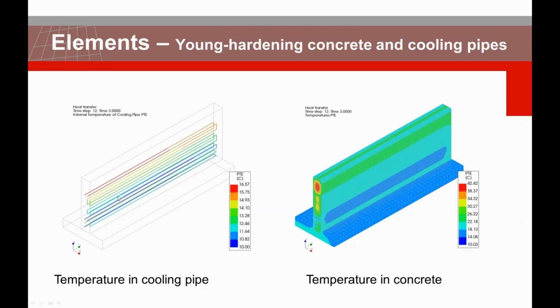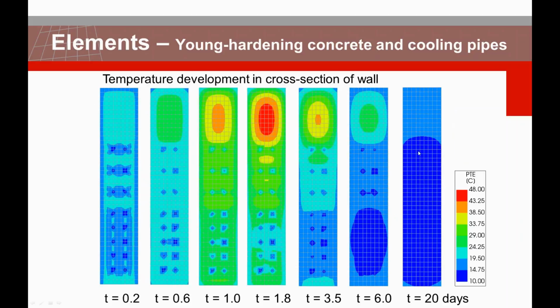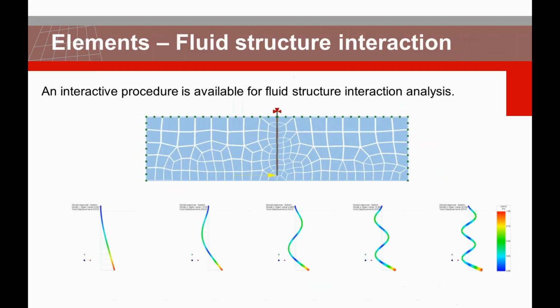So you can see how the concrete here is hydrating while the cooling pipe is here. So here the temperature is lower. And this is the cooling process through certain days. So the full A to Z of the Young hardening analysis is possible now through the GUI in DIANA 10.1.